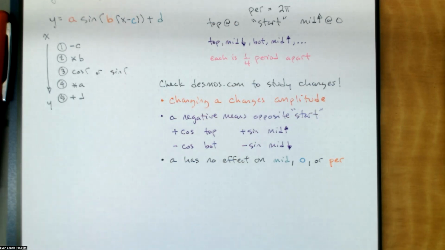So if I change A to 3, let's take a look at where the top is. We can see that it's gone up. And we notice that the top is at 3 and the bottom is at -3. And the middle is still the middle, 0.